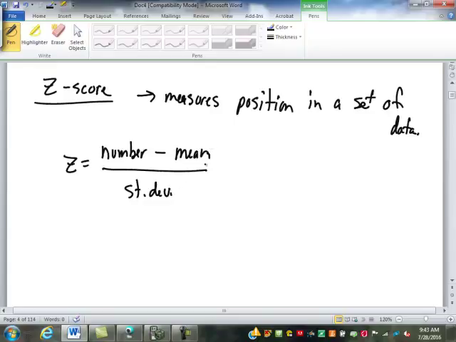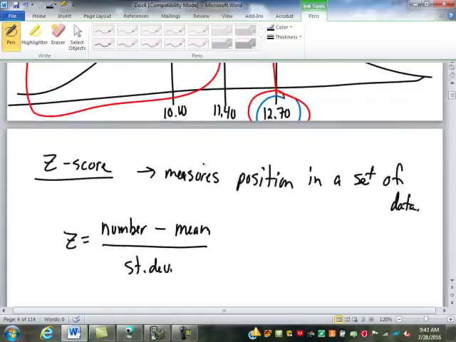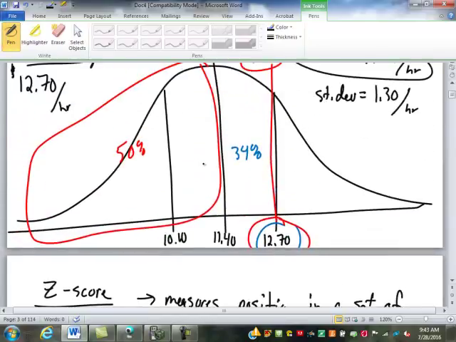And what that does is it finds how many standard deviations above or below the mean that number is. Now you'll see that's very similar to our bell curve, because on our bell curve we're looking at where the standard deviations lie in the percents and stuff. It really is using the bell curve, we're just not using that empirical rule or those percents that we have been.